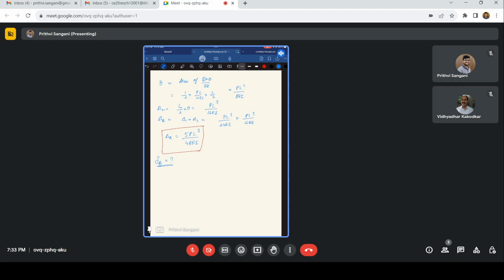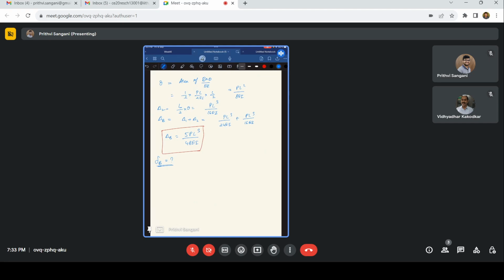I'll get a column matrix which is VB and MB, that is going to be equal to WL power 4 by 8EI, WL cube by 6EI.